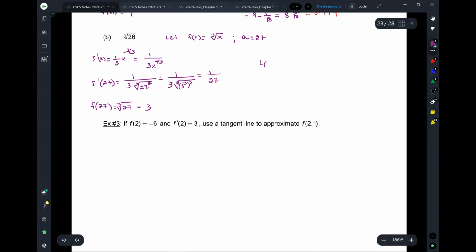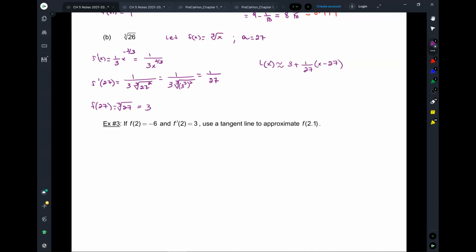All right, so tell me, what does the linearization look like? 3 plus 1/27 times x minus 27. Fabulous.